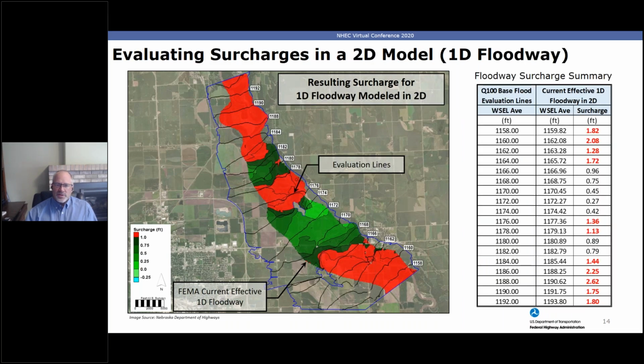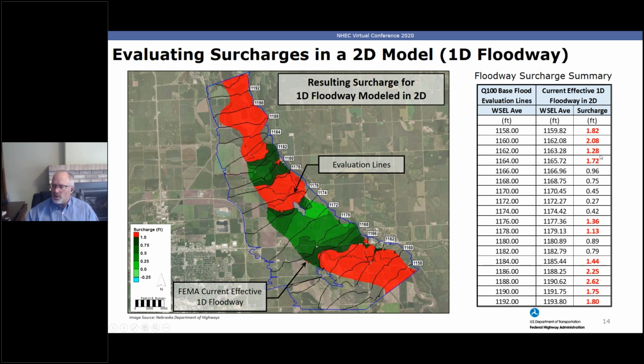All right, so let's take a look at these evaluation lines and how we would apply them for evaluating this 1D floodway. Okay, so you can see the evaluation lines shown here, and if we averaged the water surface along that evaluation line within the floodway limit, and then we show the results over here in the table, you can see the average rise as compared to the base flood elevations.